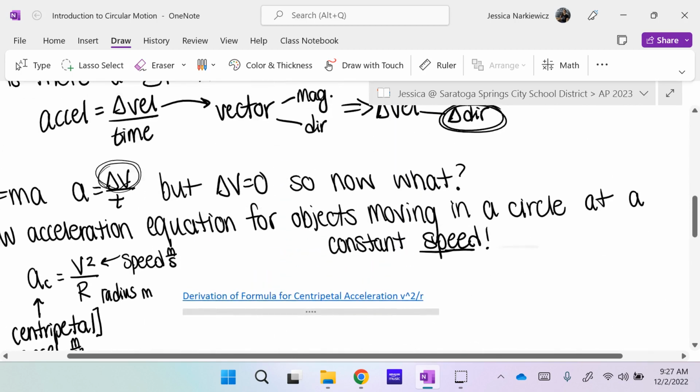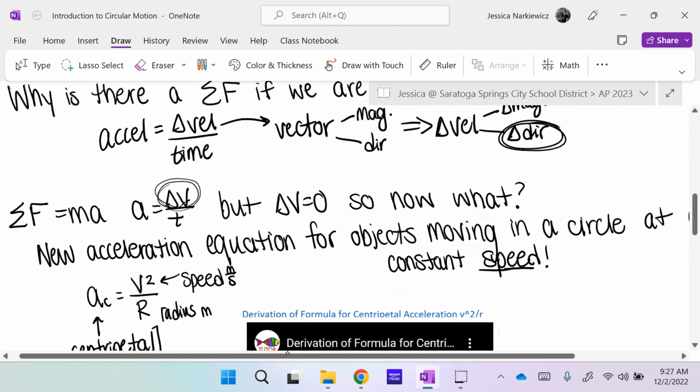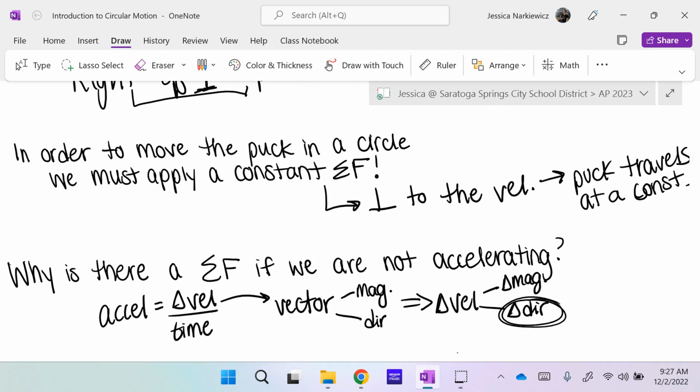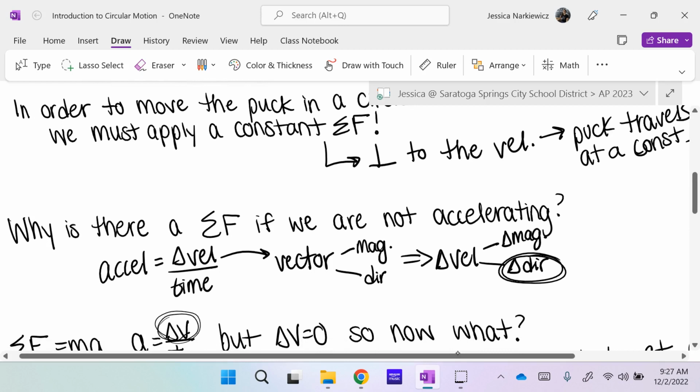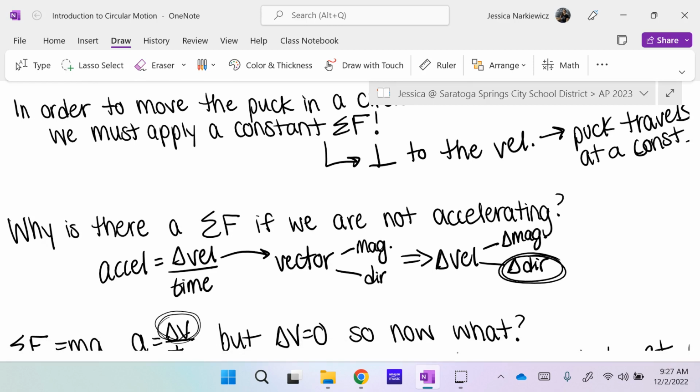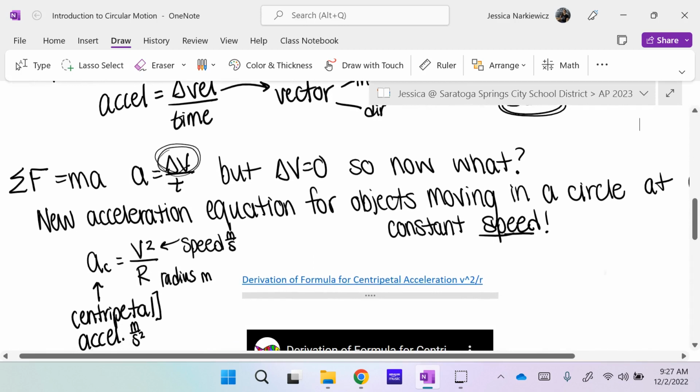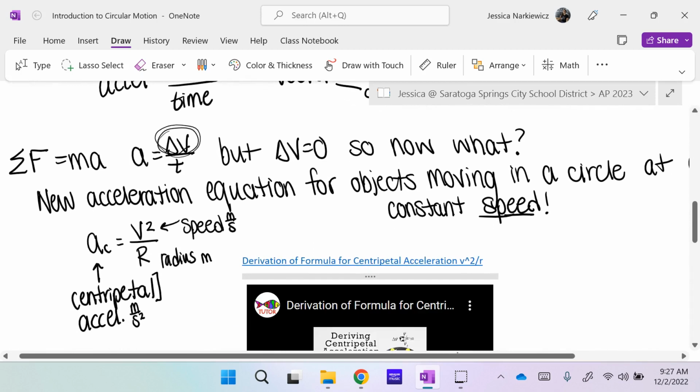So to recap, when something is moving in a circle, we need a net force in order for that thing to move in a circle, and that net force must be perpendicular to the velocity. We know we have a net force, and we know we're accelerating because the direction is changing. We then defined a new acceleration for moving at a constant speed but changing direction.